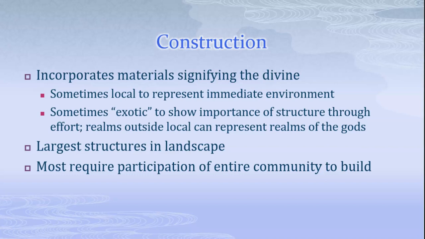Sometimes they're supposed to represent what's happening immediately in the community. And so this is a special place. It's like a little microcosm. It's a conduit to the divine. And sometimes that conduit is represented by what we call exotic things, things from somewhere else.